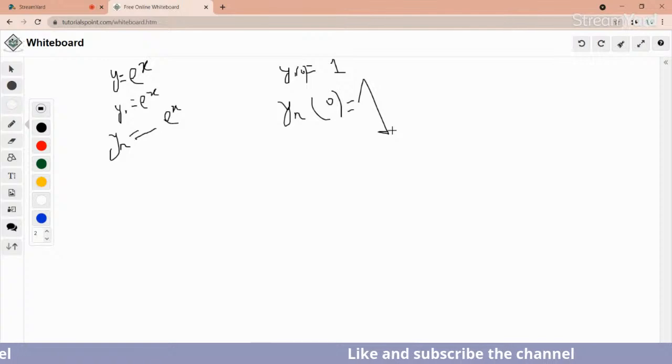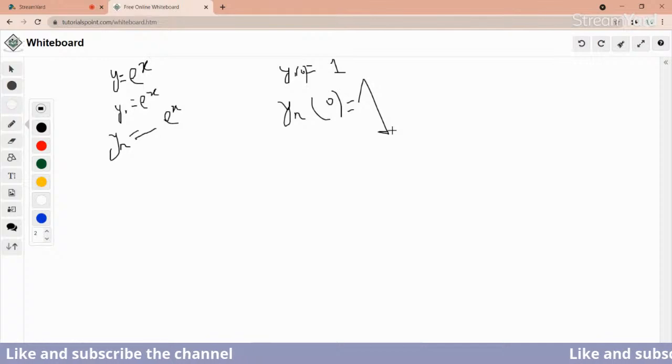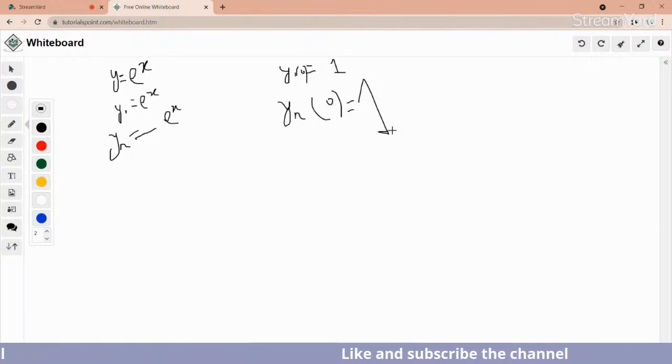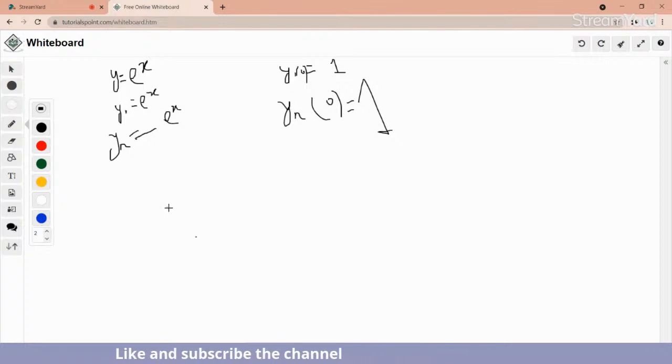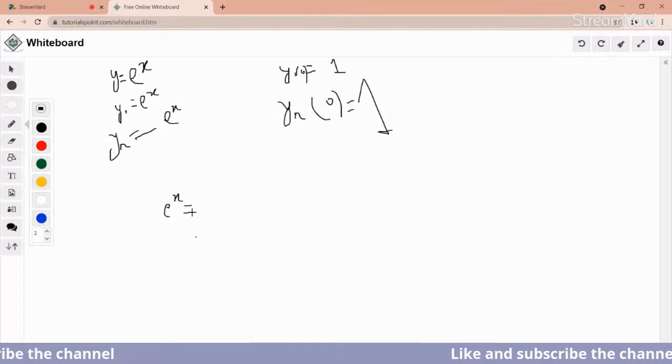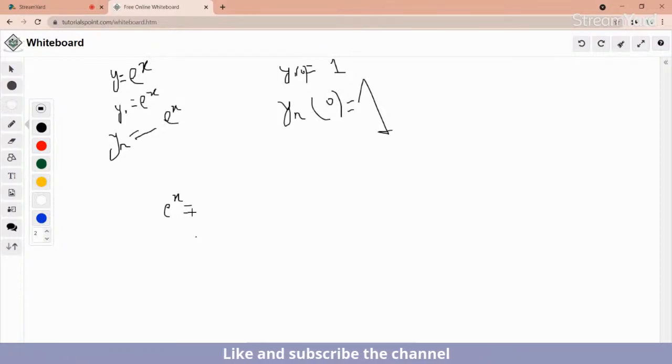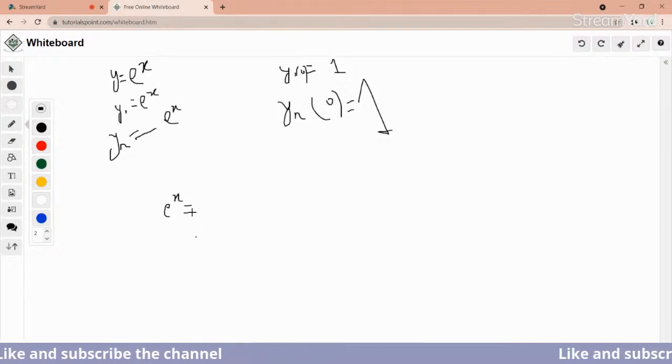So I hope you will just put the value there, and you know what it will come out to be: 1 plus x by 1 factorial plus x squared by 2 factorial plus x cubed by 3 factorial. If you want, let me write it here. E to the power x, since y0, y10, y20, y30 all will come out to be 1, and y1, y2, y3 all are e to the power x.